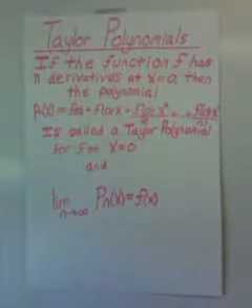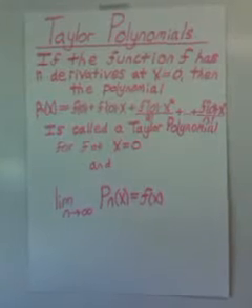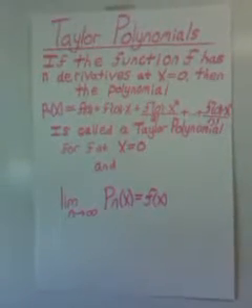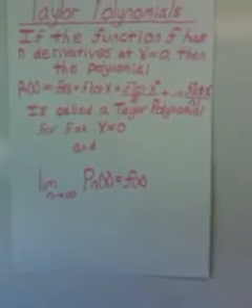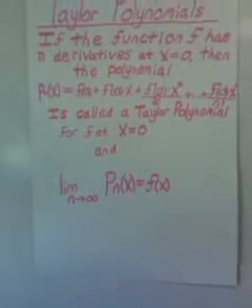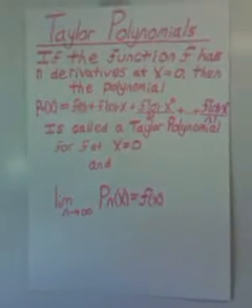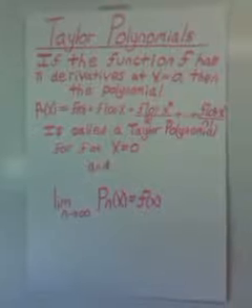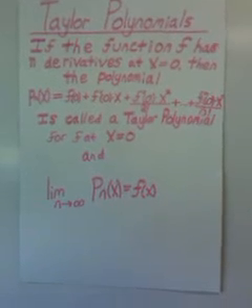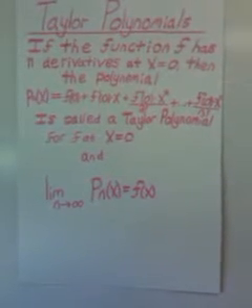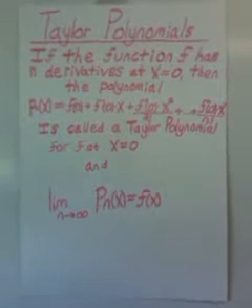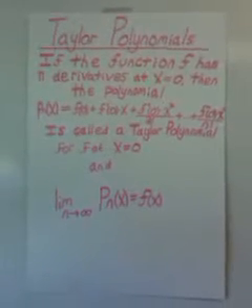The idea of a Taylor polynomial is that it draws from the idea that if you generate a series of derivatives for a given function, you can create a polynomial with derivatives equal to the derivatives of that function. And if you have enough terms in that polynomial, the polynomial winds up being equal to the function.